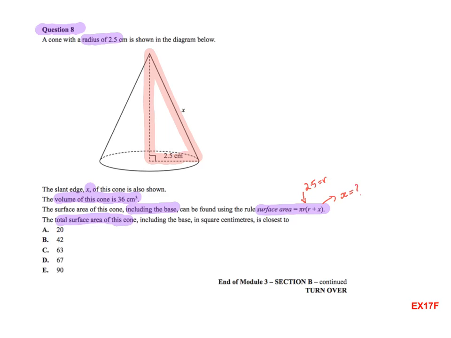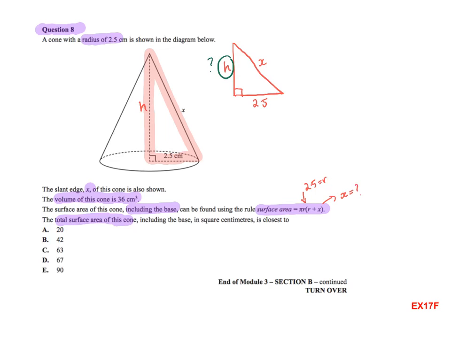So I'm going to say, if I was trying to find a link with X and R, that's 2.5, that's X. Now, I'm going to call that the height of the cone. Yeah? So, I really need, if I was going to use that triangle, I need to get H, don't I? I would need H.